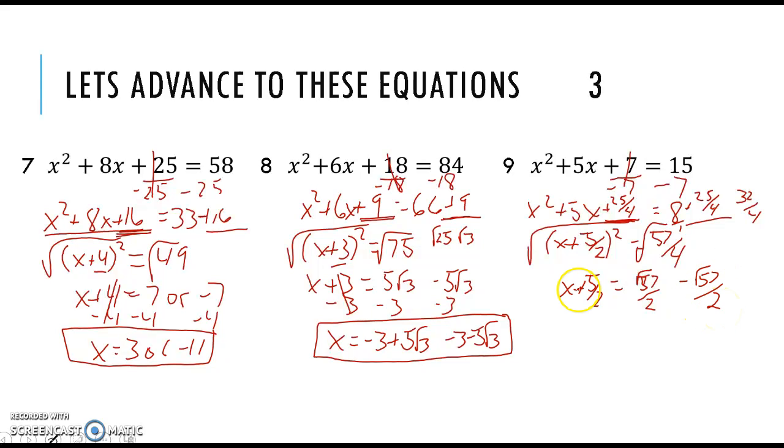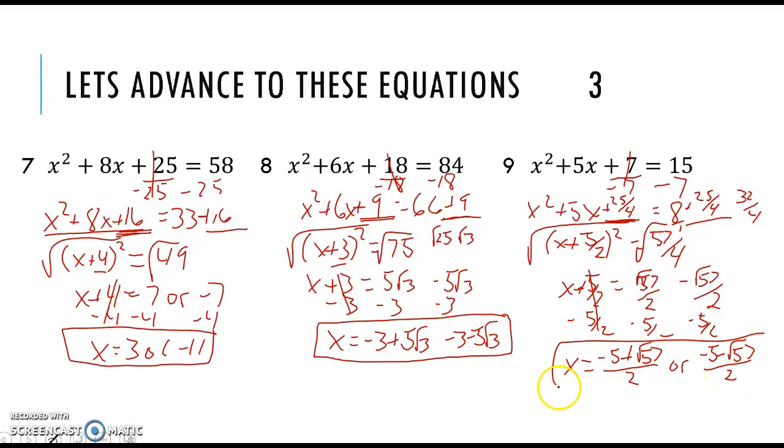So then I'm going to just subtract 5 halves from both sides. And I'm going to subtract it from both of my numbers on the right. So I will have x equals negative 5 plus the square root of 57 over 2, or I will have negative 5 minus the square root of 57 over 2. And those are my two answers. They look ugly, but they're the correct answers.